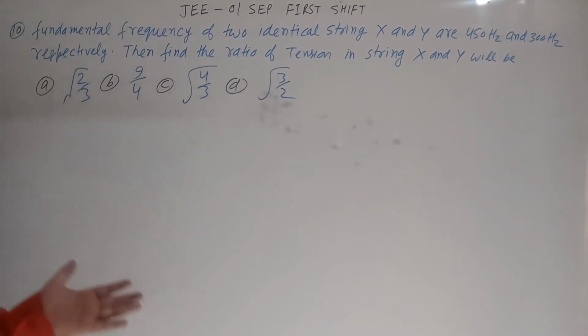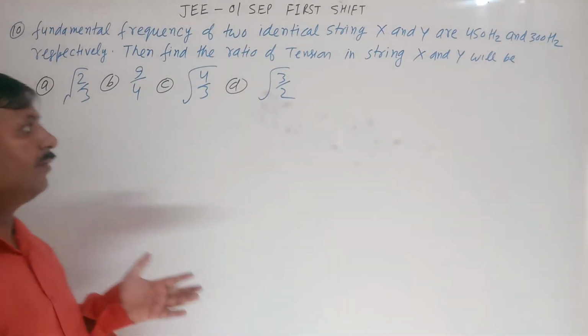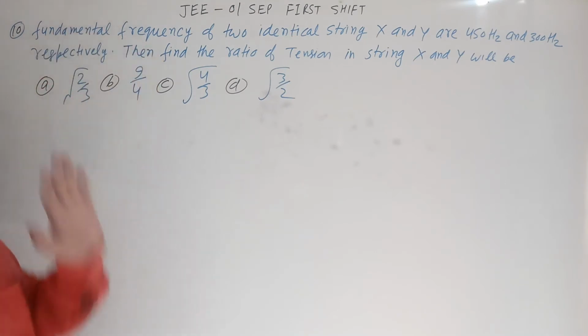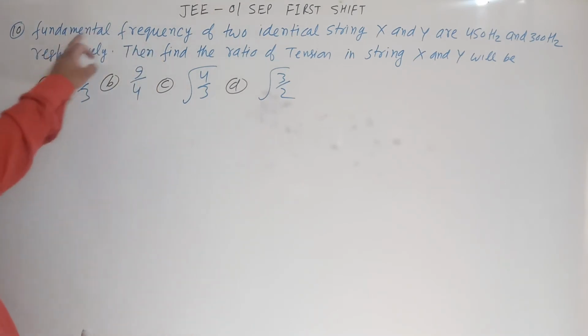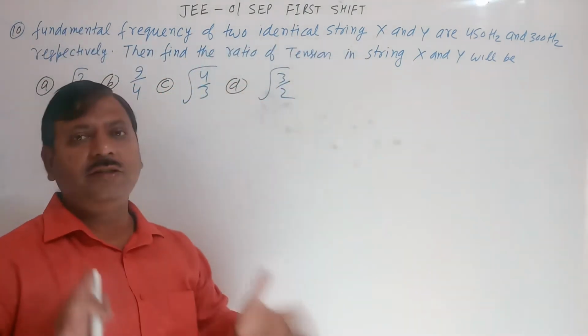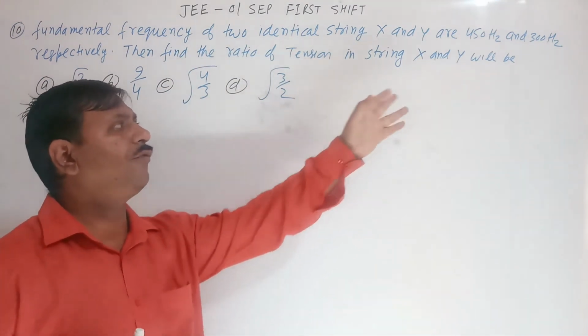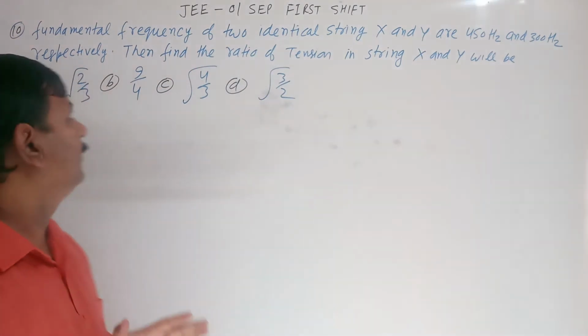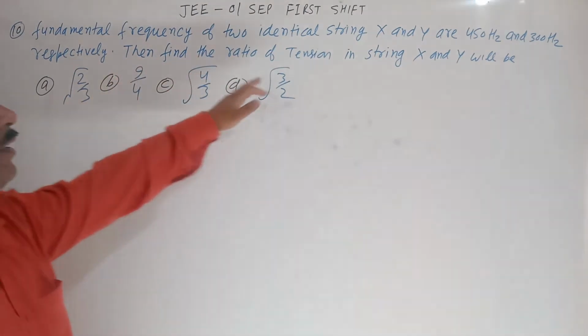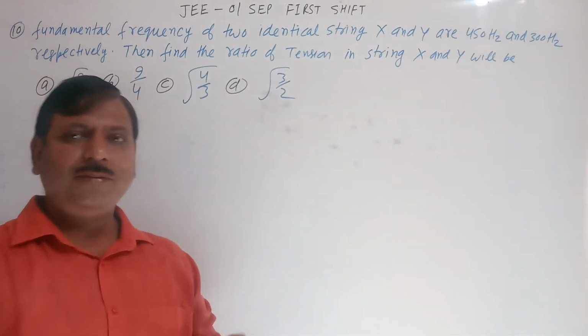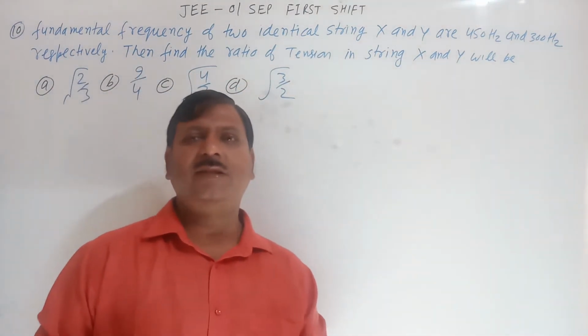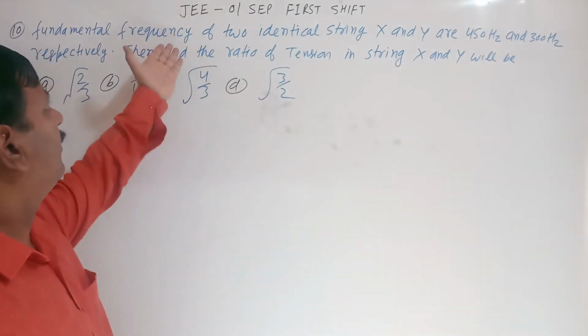Question number 10. This year they asked, 1 September first shift: fundamental frequency of two identical strings X and Y are 450 and 300 Hertz respectively, then find the ratio of tension. Easy problem, very easy. They have given frequency.